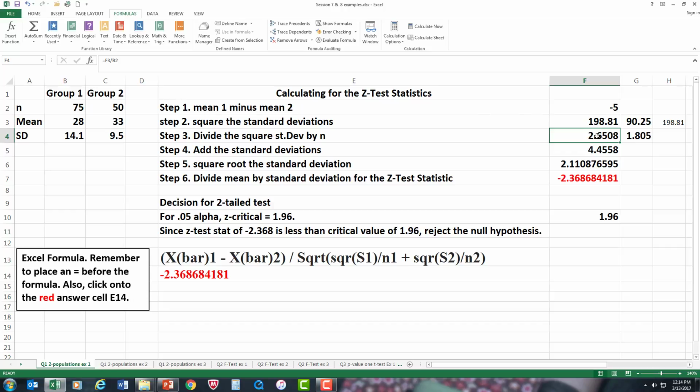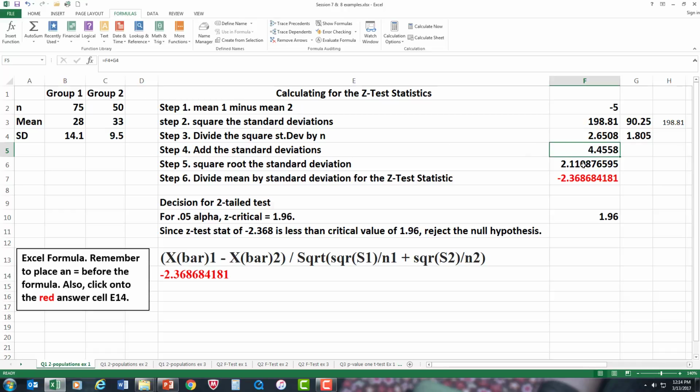And so this is the number you get, and if you do the same for group 2, that's the number that you can have. Now your next step, simple, is just add these together, and that's what you get, 4.4558.